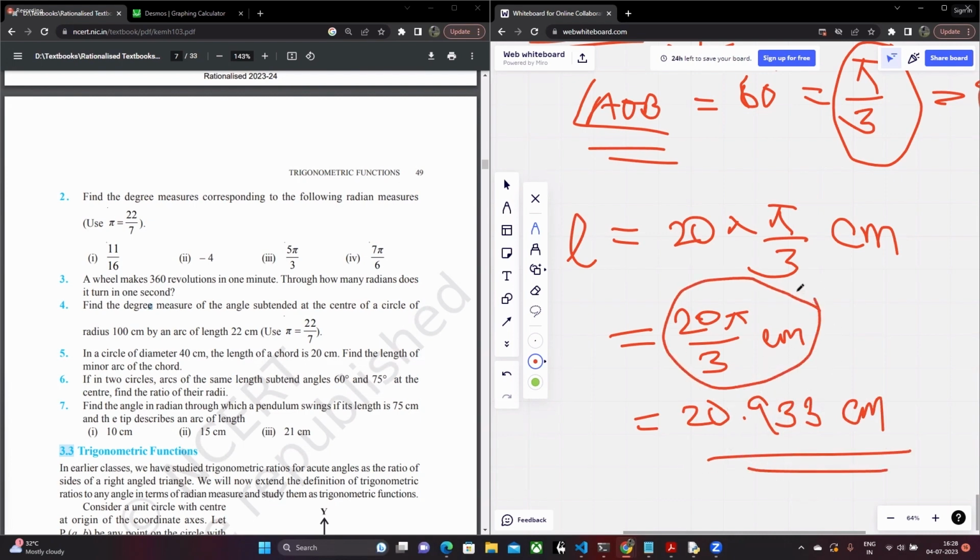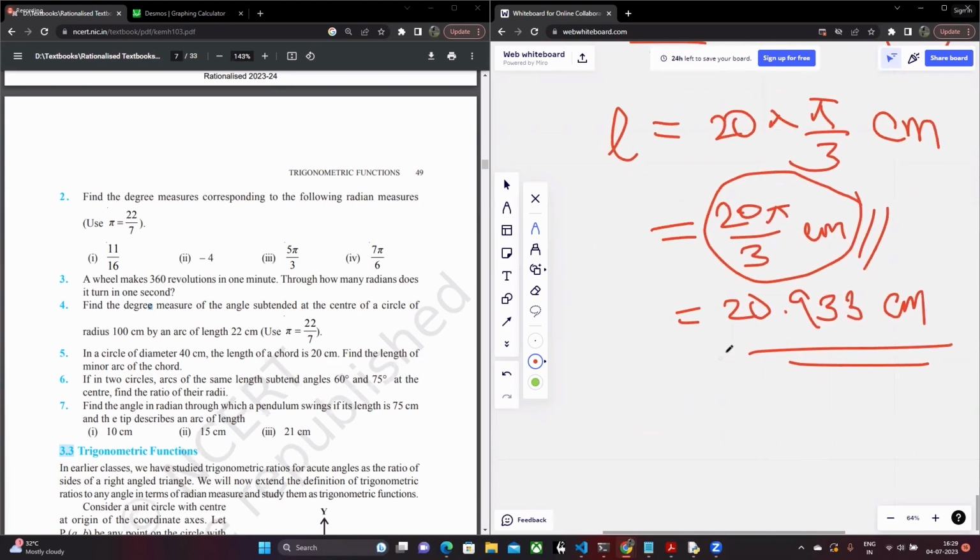But this form is also pretty okay. There's not much of a big deal. Over here, I've used the fact that pi is 3.14 instead of pi is 22 by 7. If you use pi is 22 by 7, you'll be off by a little bit from this amount. If you use a more precise version of pi, you're going to be off from this amount by a further margin, of course.